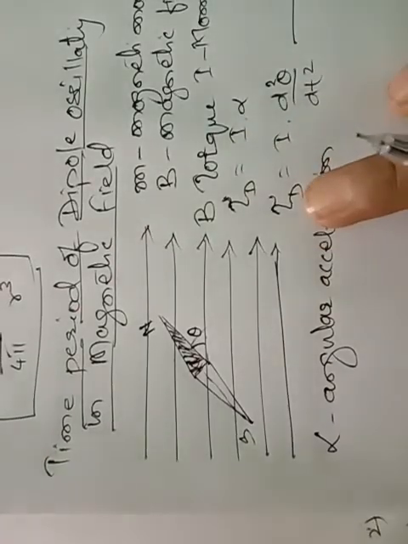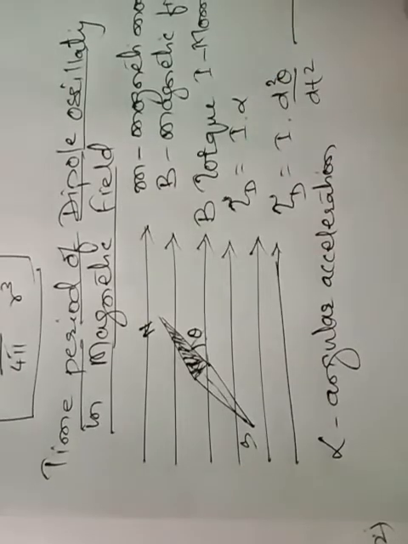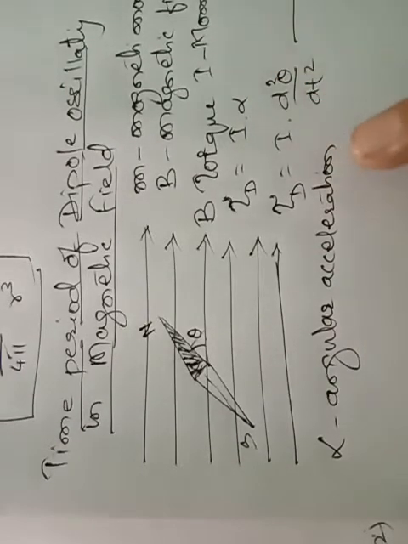Tau d, the deflecting torque, is given by I into alpha, and alpha is d square theta by dt square. So substituting this value, we get tau d equal to this.